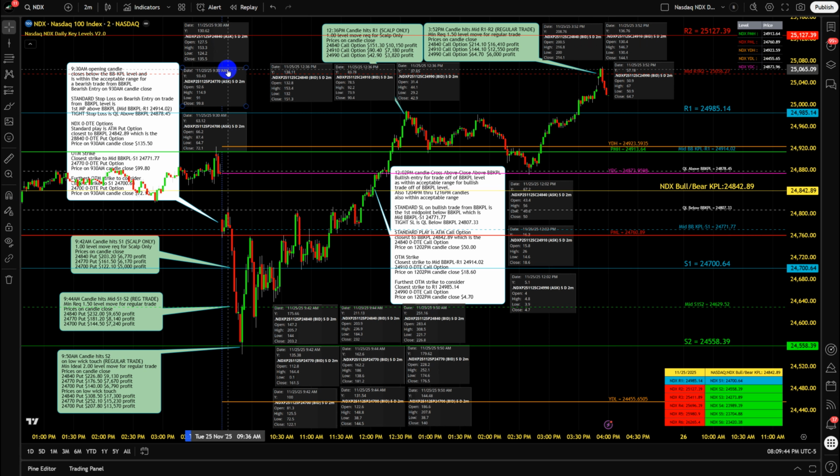With that in mind, even though the at the money is still the standard play with our daily key levels indicator, because this Nasdaq index is so expensive, especially in the morning part of the session with the options, you may want to consider one of the out of the monies more so than the at the money.